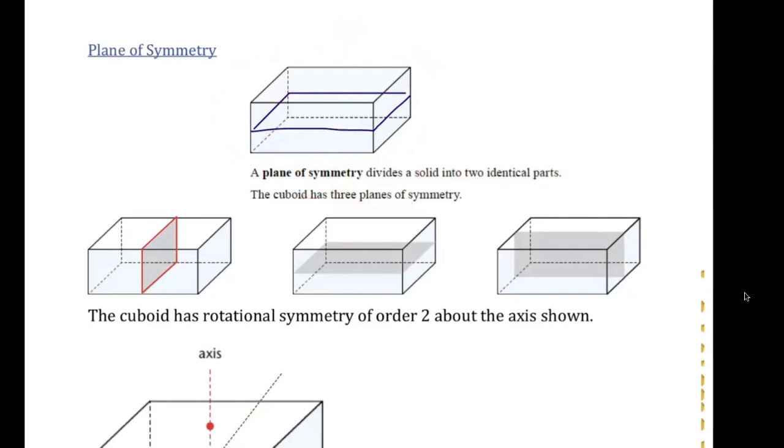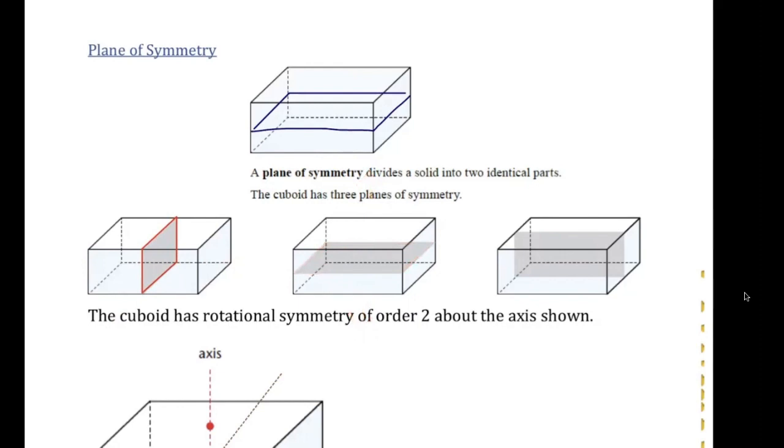So you can pass a plane from this face, and this part is going to be separated. So one of the planes of symmetry is this. The second one is this, so that the top part and the bottom part are separated.